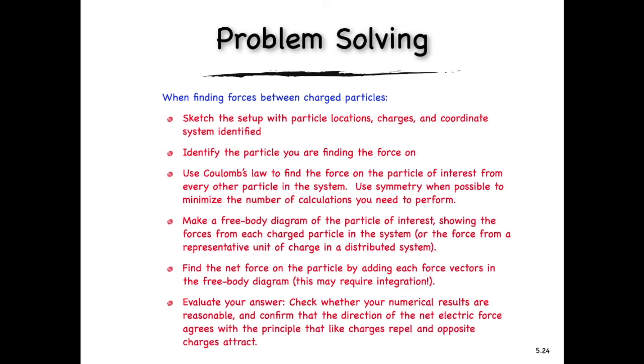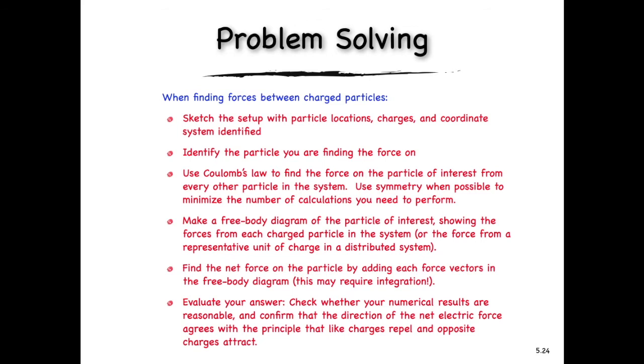We can check directions, because we should be able to make arguments about, okay, these charges are positive, these ones are negative, they should attract. Make sure that our answer reflects that. We can often make some comparisons to cases where we do know what to expect. We know what to expect between 2 point charges. If we have 2 positive point charges, they're going to repel. Coulomb's law tells us how much they repel.